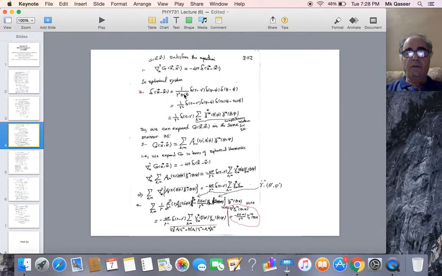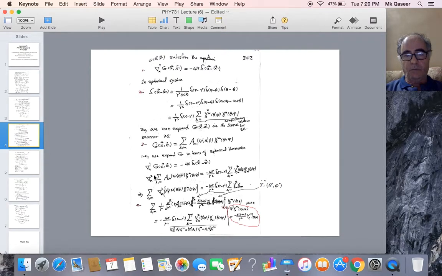Now let's absorb the sine here in this expression and recognize that this is nothing but the completeness relation, which is the summation over l,m of Y_lm star of theta prime phi prime times Y_lm of theta and phi. Now we substitute this expression here, and for G we assume that it's some function that depends on r, r prime, theta prime, phi prime times Y_lm of theta and phi.